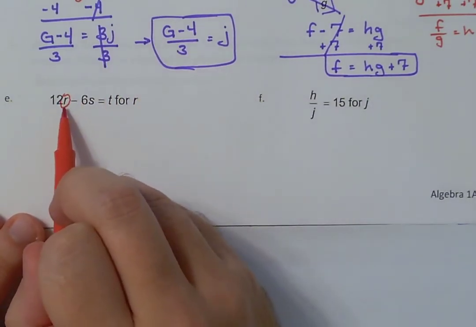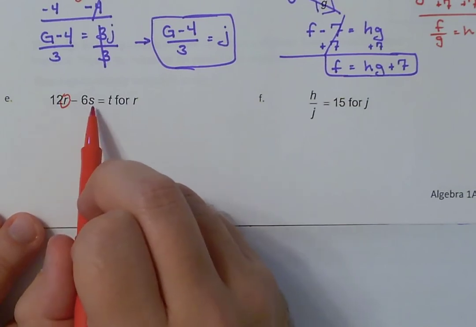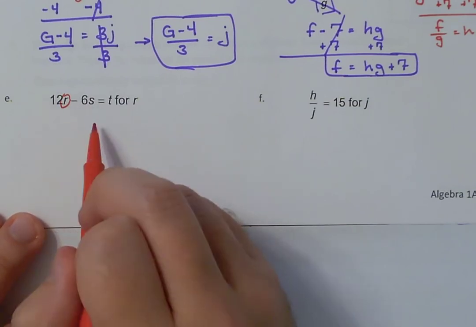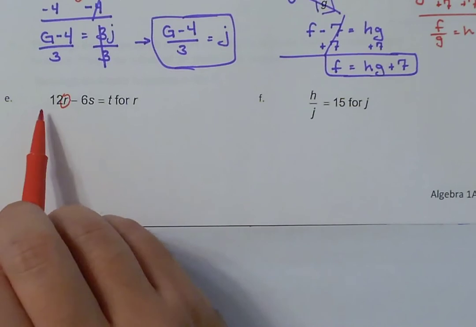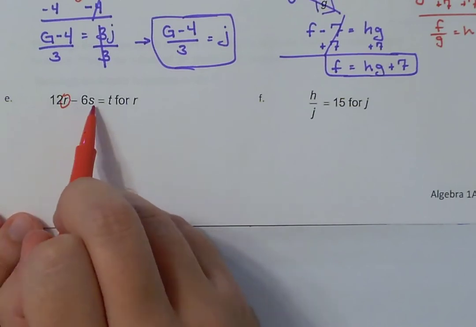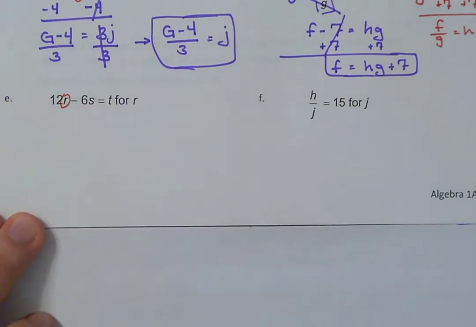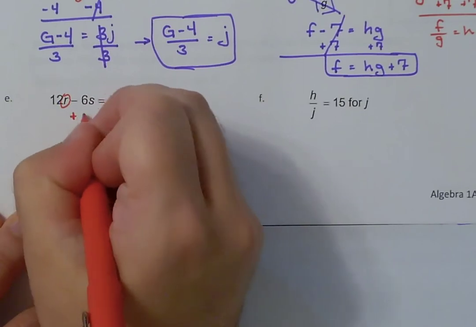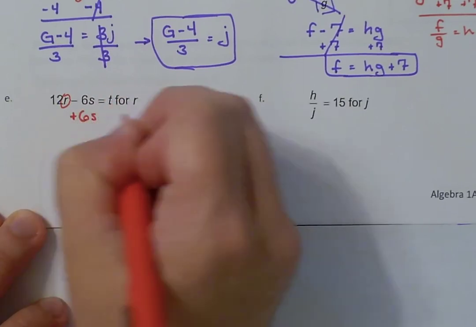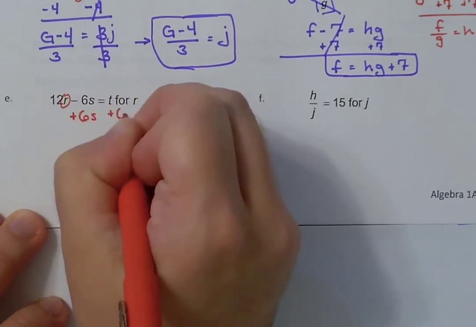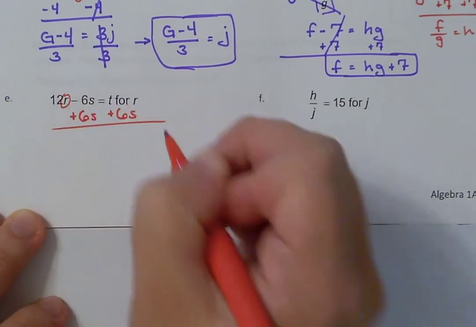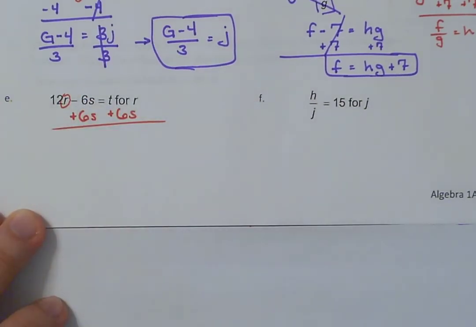It's 12 times r minus 6s. So again, I'm thinking reverse order of operations. Because this is minus 6s, I need to do the inverse, which is to add 6s. And please know that that is a 6s, not 65, for how I write it.